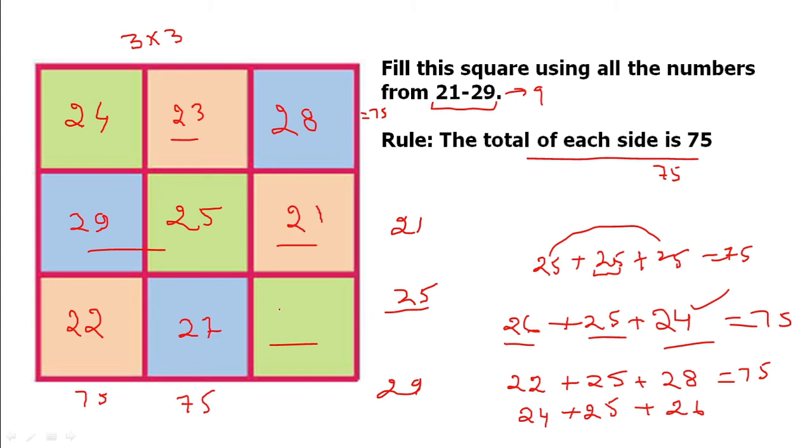This is 27. Now this is left and you can see 21 here, 22 here, 23, 24, 25, 26 left. So we can put here 26. You can see sum is 75. Okay. So in this way we can complete the magic square in which sum of each side is 75.